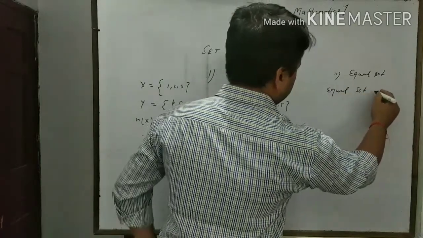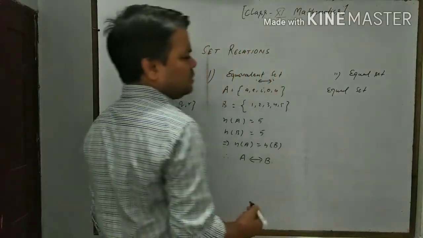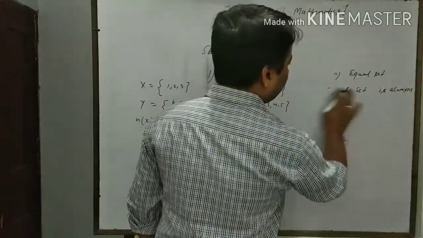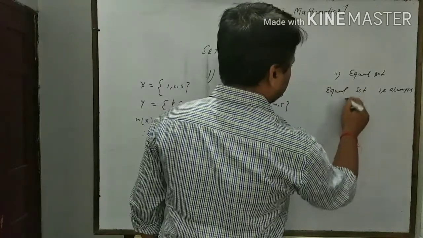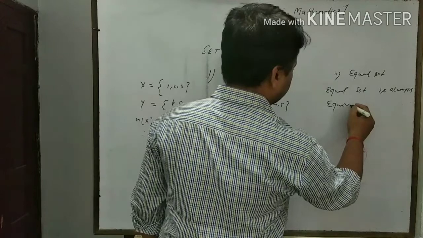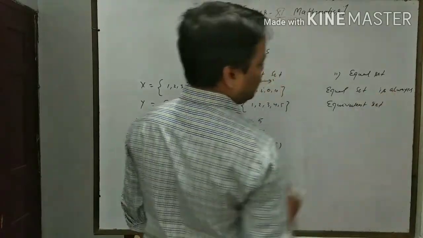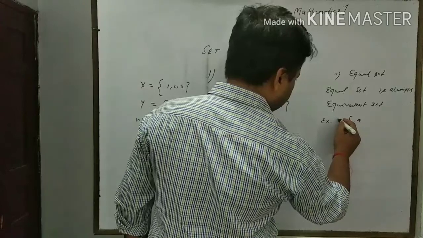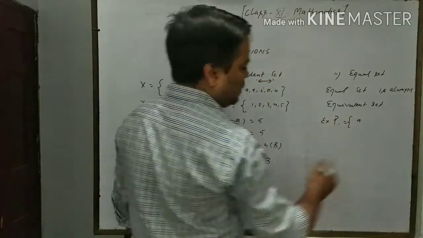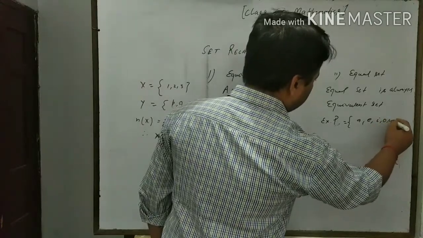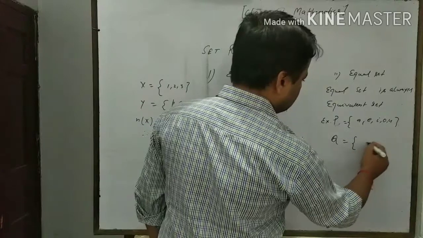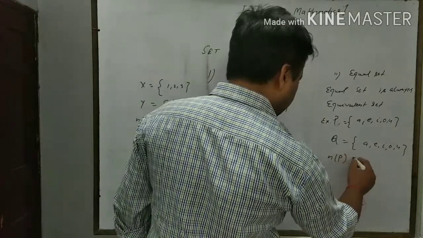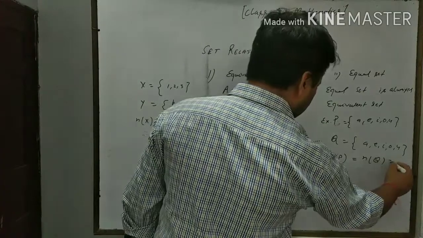Equal set is always an equivalent set. Example: just like we have a set P here: A, E, I, O, U, and a set Q here, which is also A, E, I, O, U. Here we see that the cardinal number of P is equal to the cardinal number of Q, that is 5.